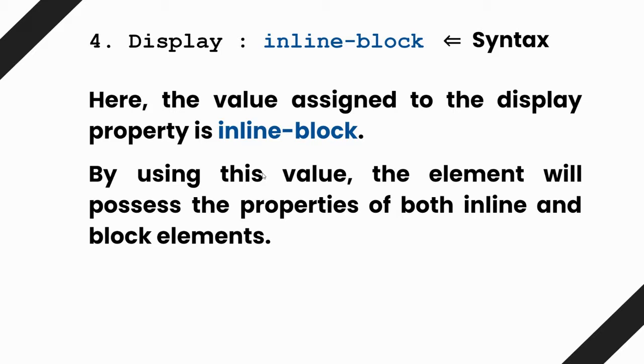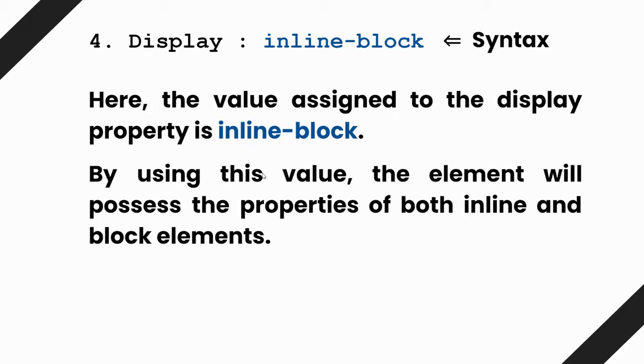There's actually a way for an element to possess the properties of both the inline display and the block display. Here we have the value assigned to the display property as inline-block. By using this value, the element would actually possess the properties of both inline and block elements.